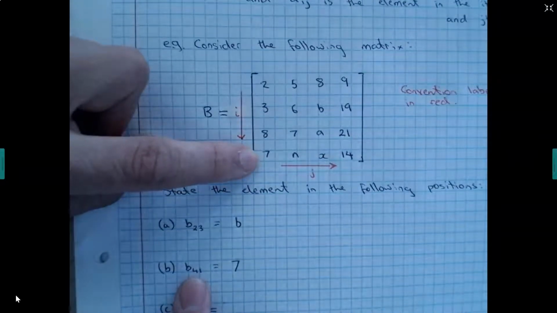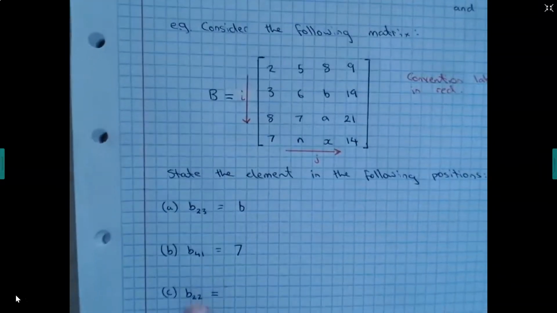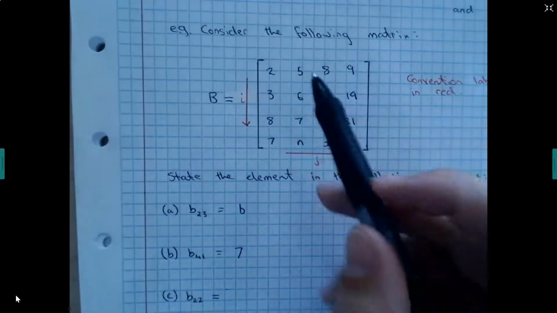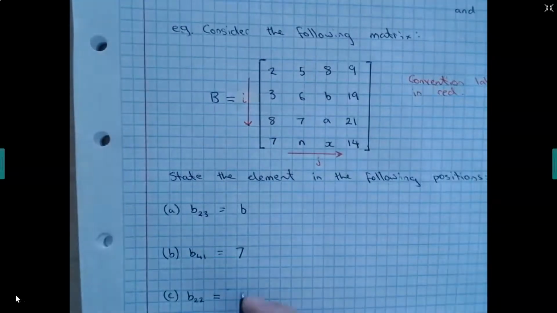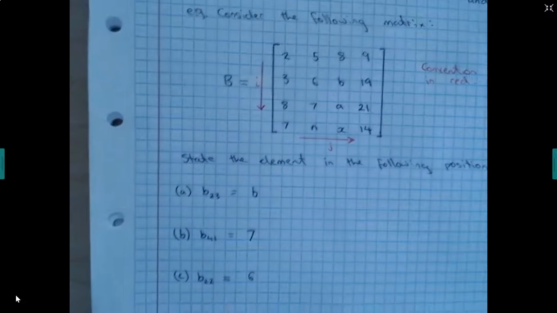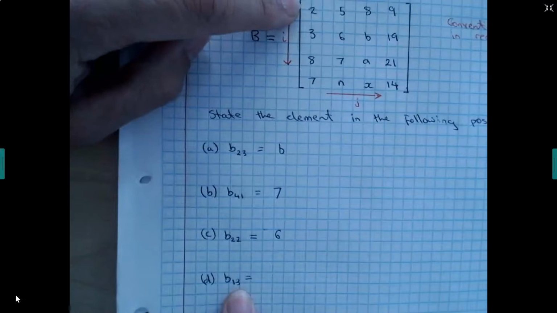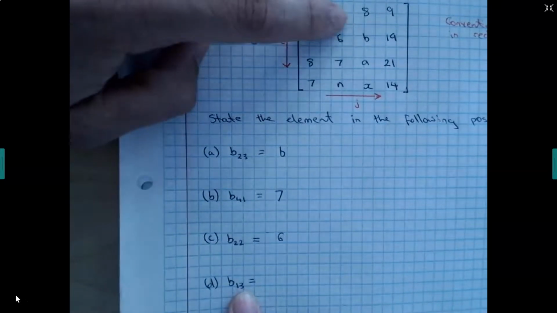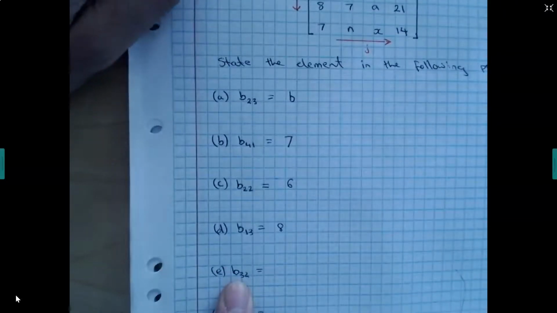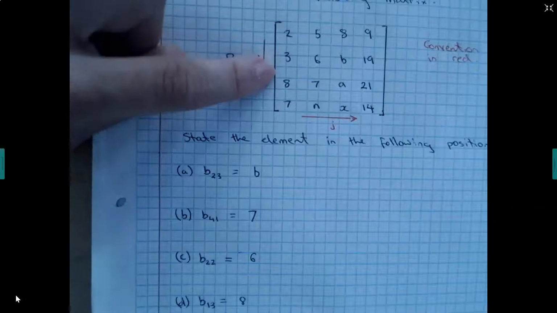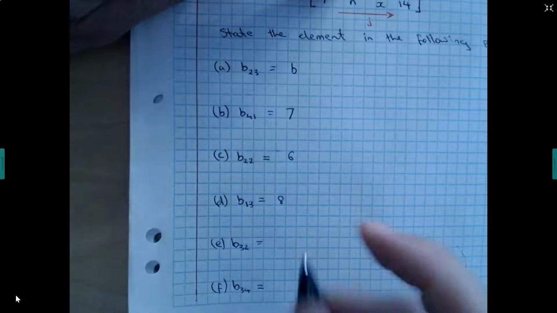Alright, can we see that these subscripts are telling us which position a certain input is? So this here, B22, we look 1, 2, 1, 2, so it would be 6. Or if I had B13, it's going to be the first row, 3 across, so it would be the 8. Or if I had B32, I come 3 down, 2 across, so it's the third row, second element, so it would be 7.